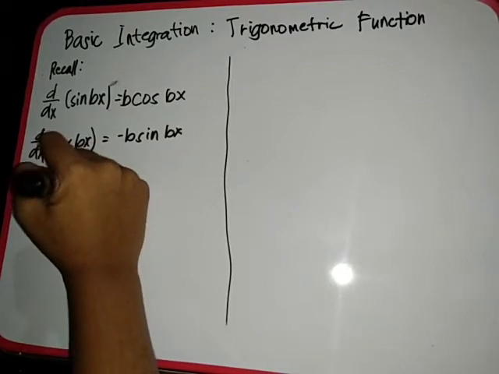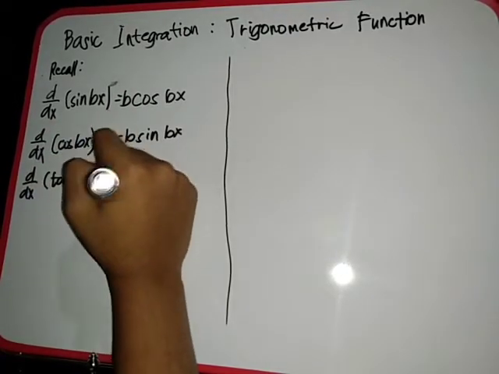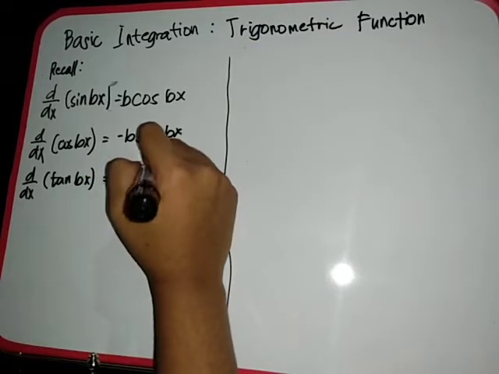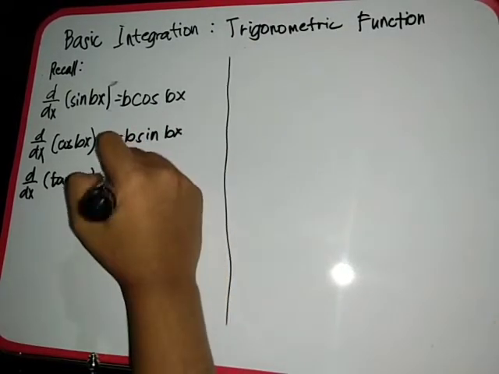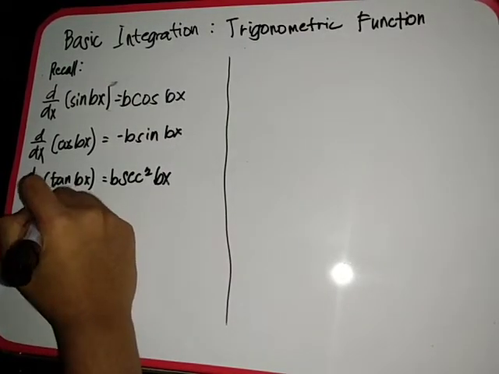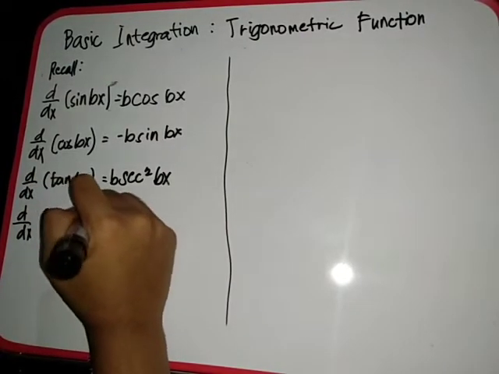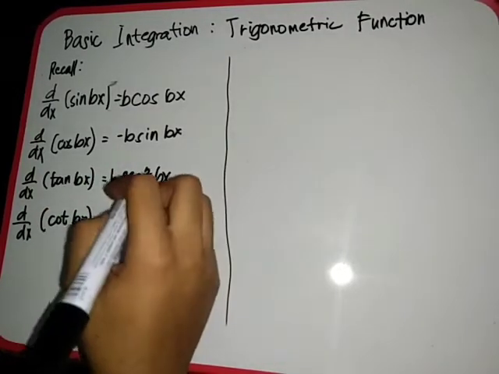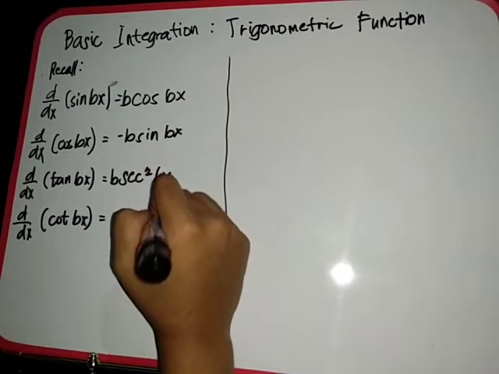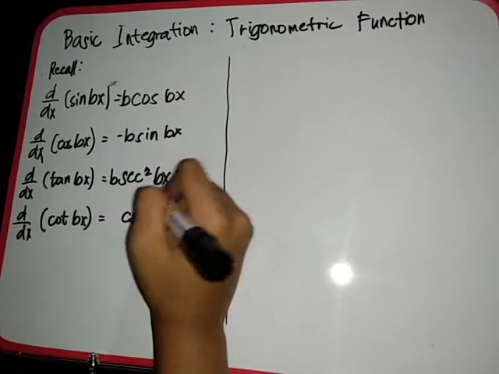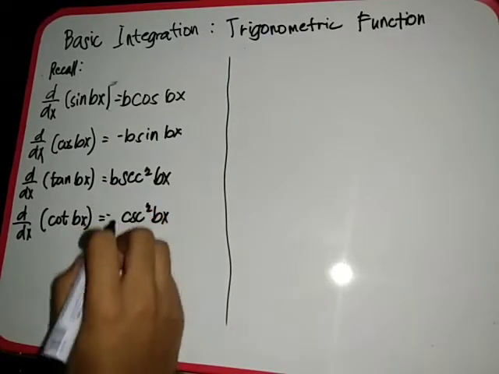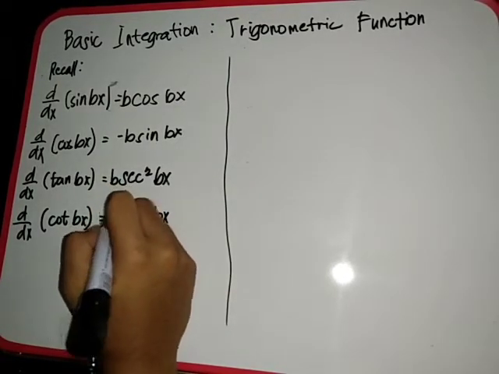The derivative of tangent bx is secant squared bx multiplied by b, and then the derivative of cotangent bx is negative cosecant squared bx multiplied by b.